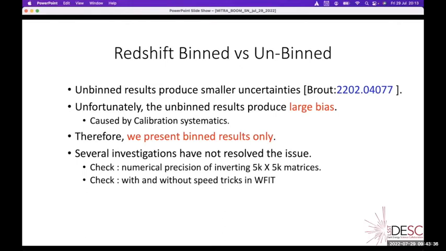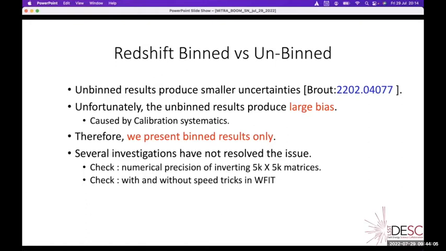It has been shown, for example in Brout's paper, that unbinned results produce smaller uncertainties, so we also tried to explore that. However, we found that the unbinned results in our case are producing a large bias, mostly caused by the calibration systematics. Therefore, we present here the analysis with only binned results.